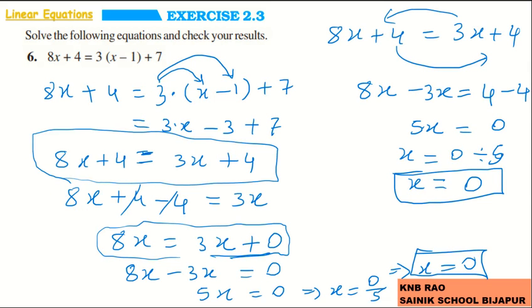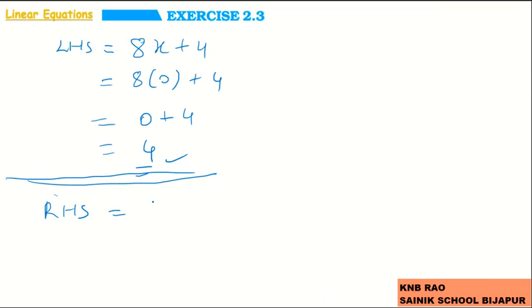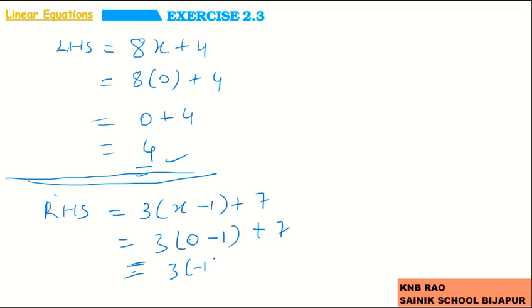the right hand side is 3 into x minus 1 plus 7. So 3 times x minus 1 plus 7, substituting 0 instead of x, 0 minus 1 gives you minus 1, 3 into minus 1 is minus 3, plus 7.